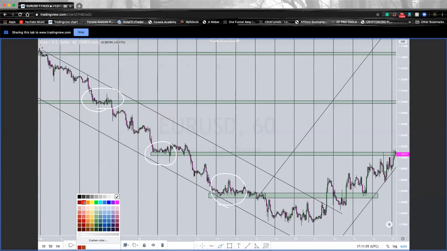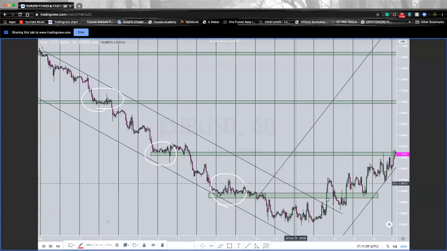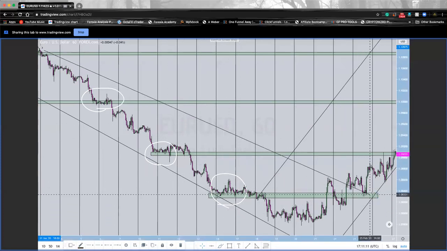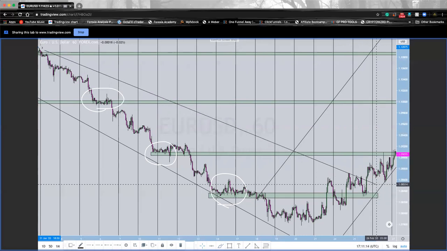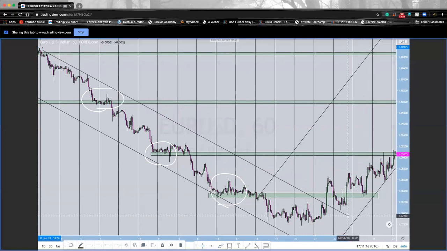Okay, and something else that they do is that they refresh their chart very often. Every day when they have the timing to analyze the market the night before or right at that time.